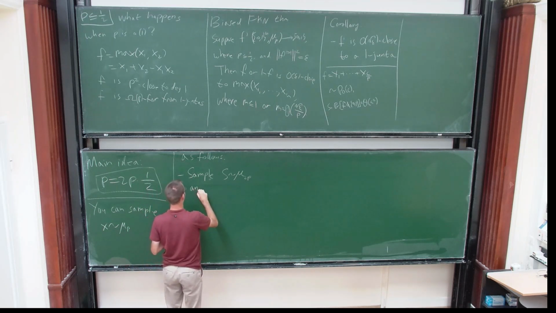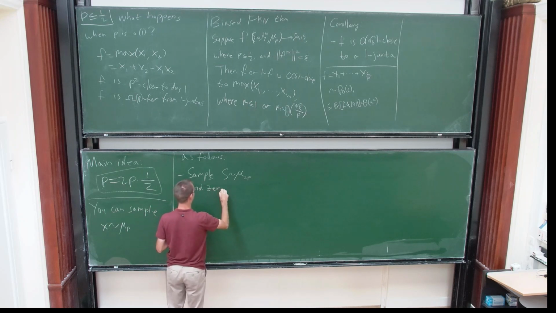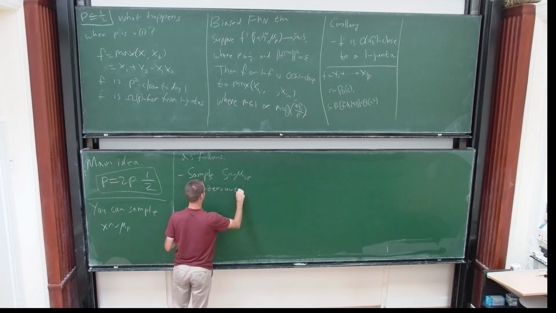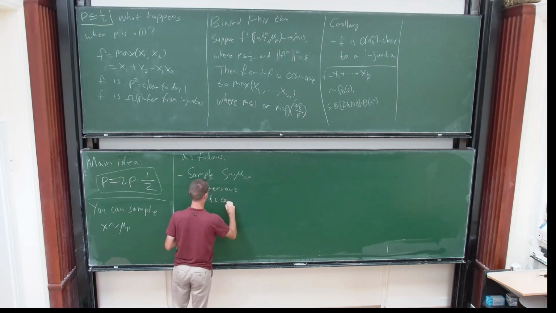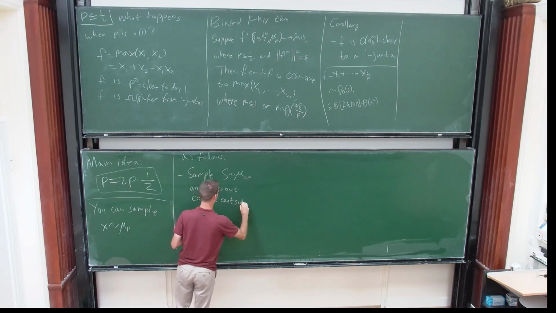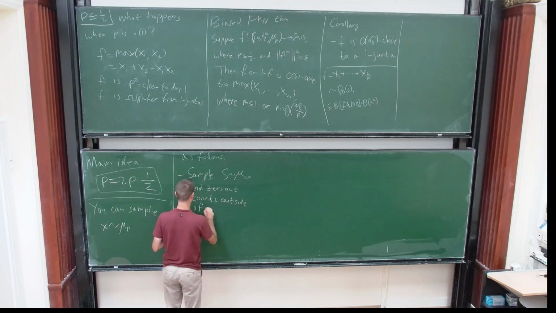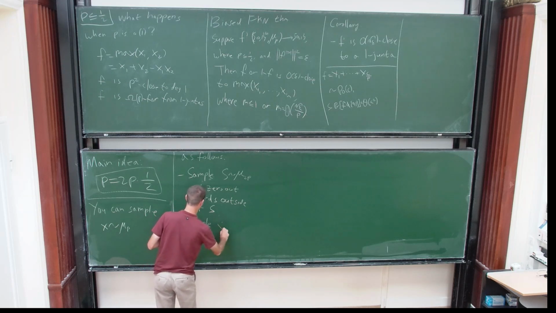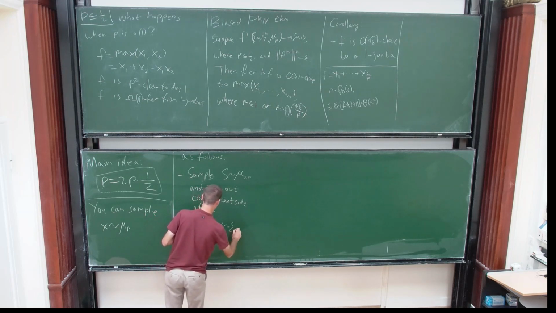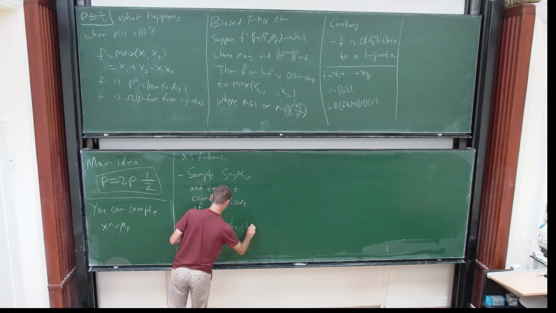And 0 out coordinates outside of S. And now you sample x according to 0, 1 to the S with respect to the uniform distribution.